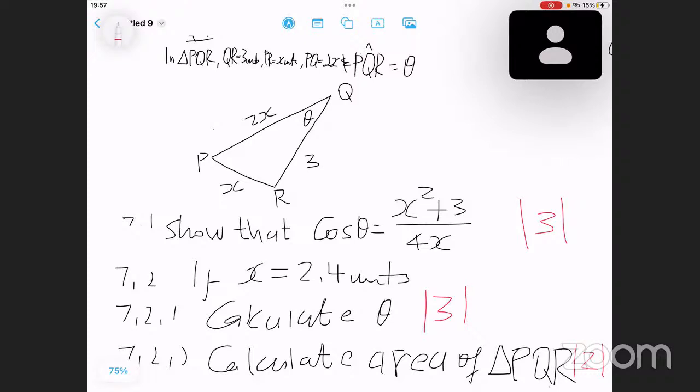Do not give the answers, but just say 7.1 completed, 7.2.1 completed, 7.2.2 completed. In that way, I've got an idea of how far you've gone, and who has gone that far. That's all that I want at this point in time.